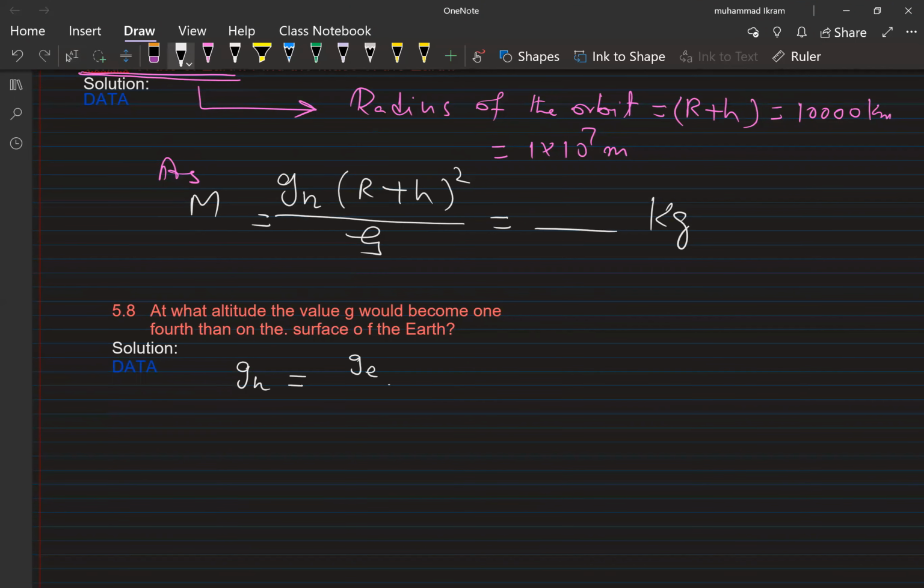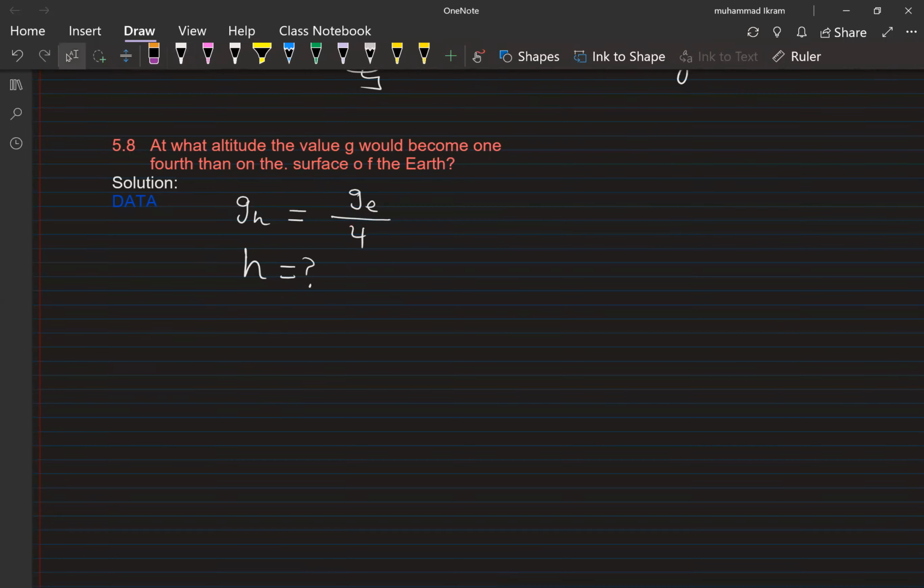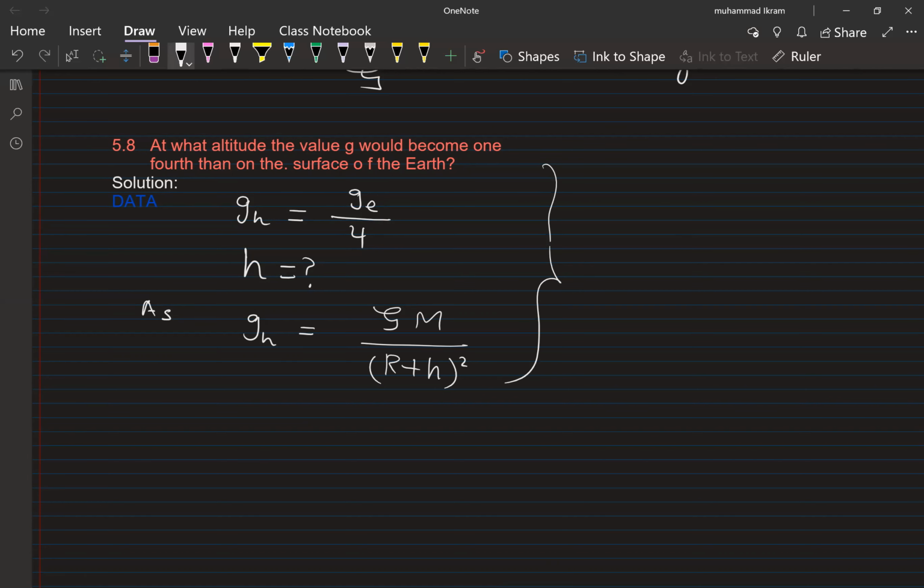So if you just look at this problem, as we know, g_h is equal to GM divided by (R plus h) whole square. Now, class, I just want to tell you a very simple formula for solving this without using any numerics.